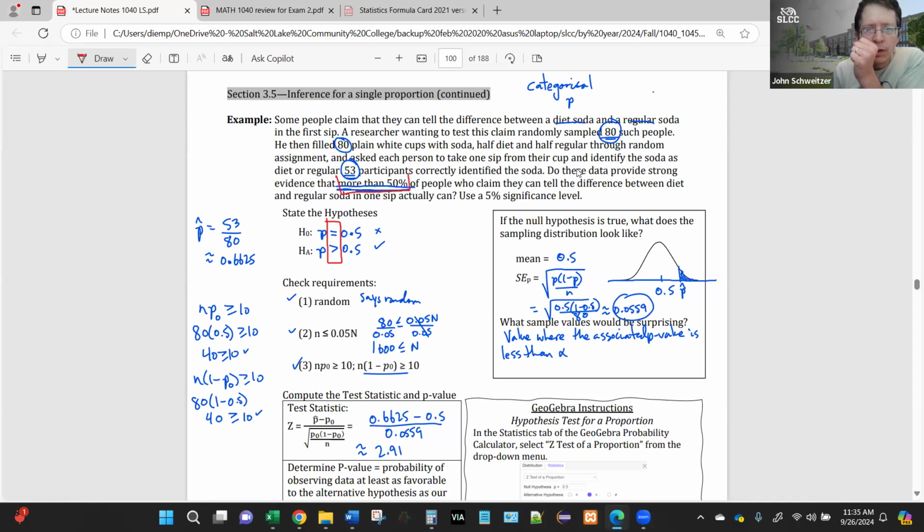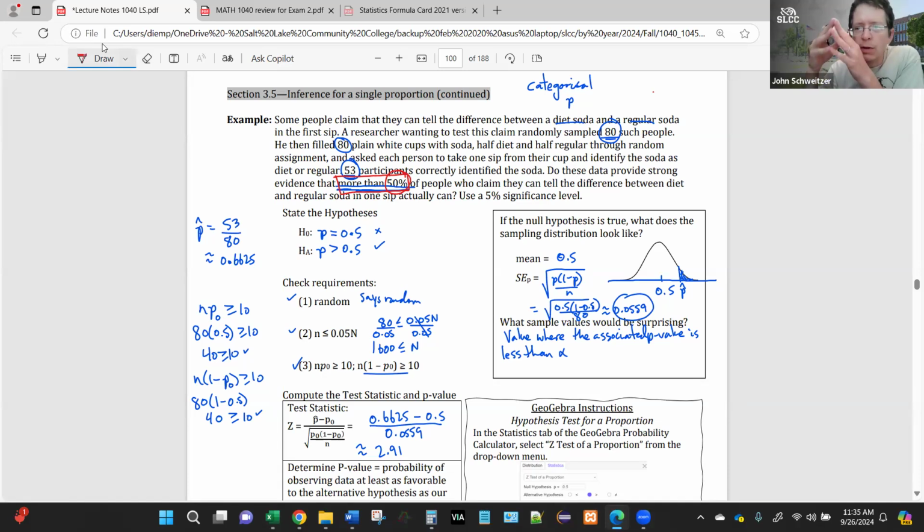Well, it says more than 50%. So that's implying that the alternative, the researcher's hypothesis, is that p is more than 50%. And then the fourth point will be getting the number over here correct. So it says more than 50%, so it's pretty clear here that 50% is the correct number over there, right? So we state the hypotheses, nothing new.